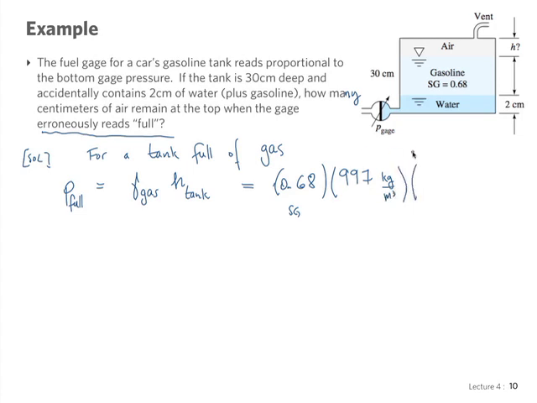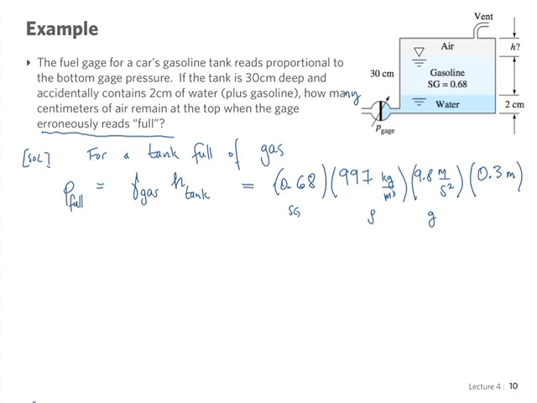So this would be rho g of water multiplied by the specific gravity gives me gamma of the gas. So this is rho, and this is g. And the complete height of the tank is 0.3 meters. I've made my conversion immediately because going from centimeters to meters is quite easy. I don't need to use the grid method here. I can already do it in my head.